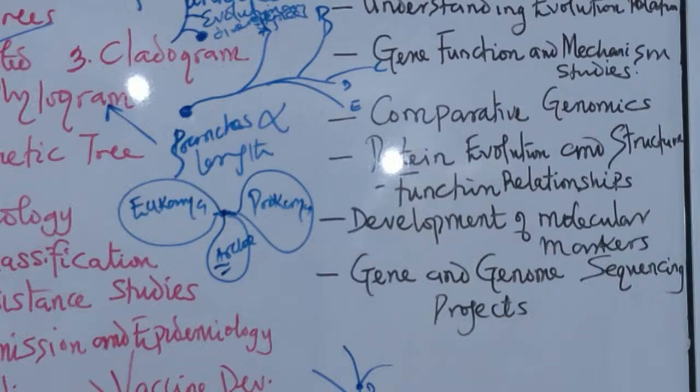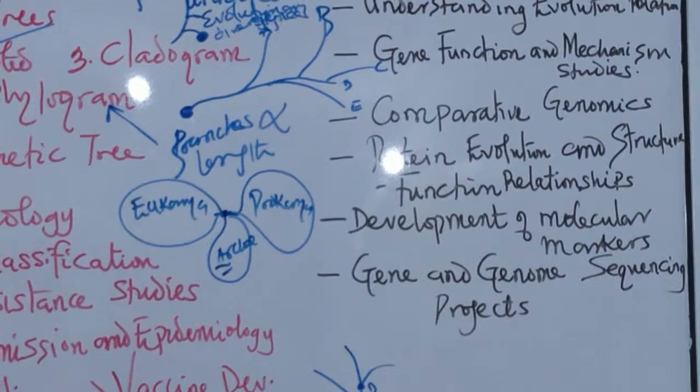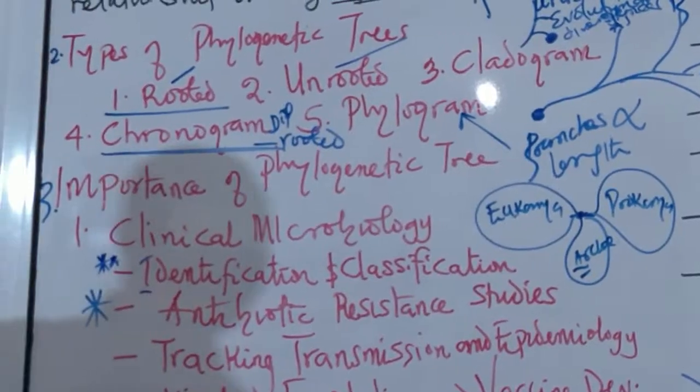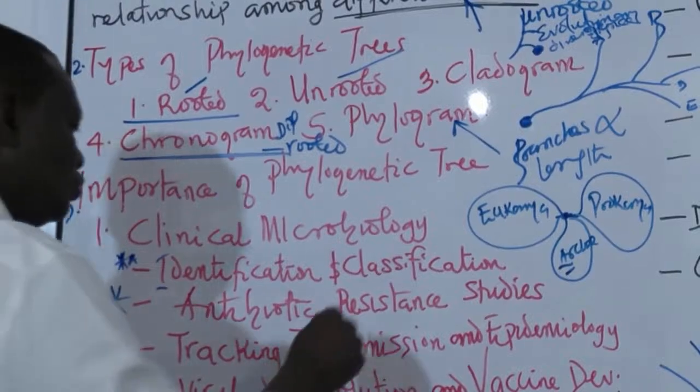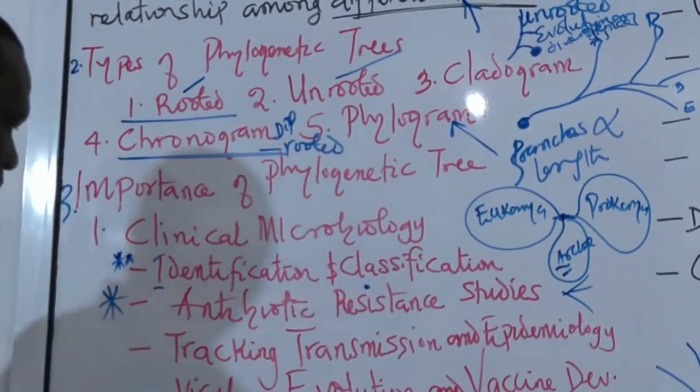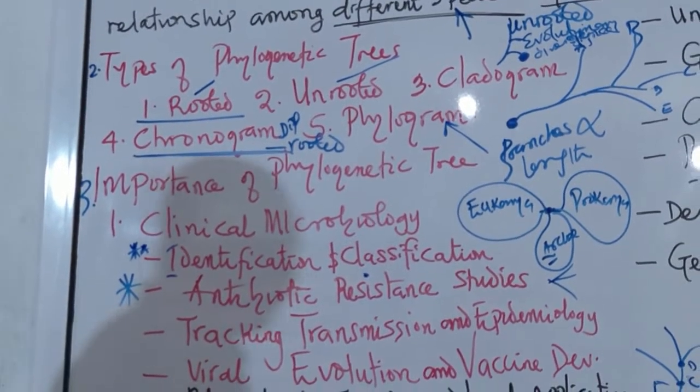Then it is also used to understand and study antibiotic resistance. If you have two or three organisms that are resistant to a similar group of antibiotics, you can also use this to classify them based on their antibiotic resistance properties.